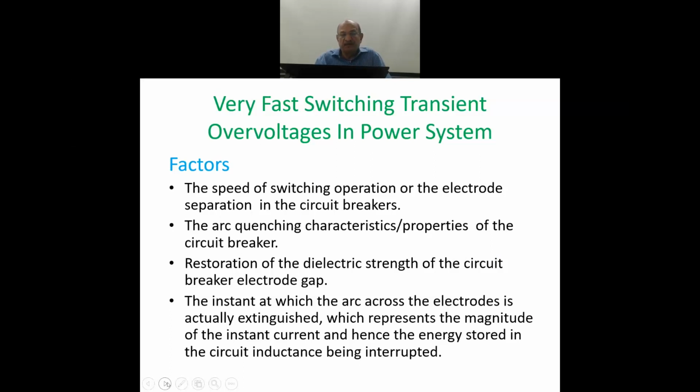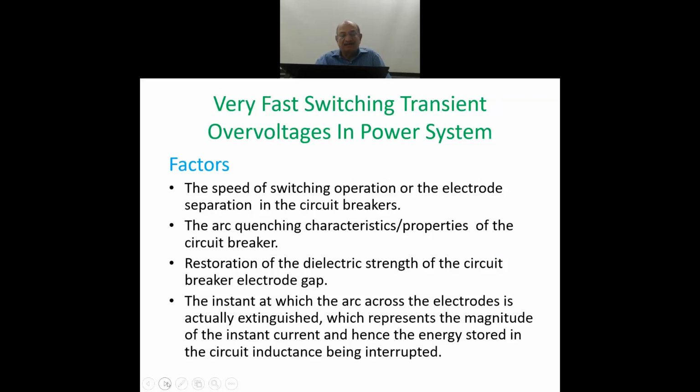If the current is not opened at current zero, at the instant value of the current when it is very, very high, you can imagine the energy released across the open points across the circuit breaker is the stored energy, and when it happens at some finite value of current, the energy released would be very, very high.